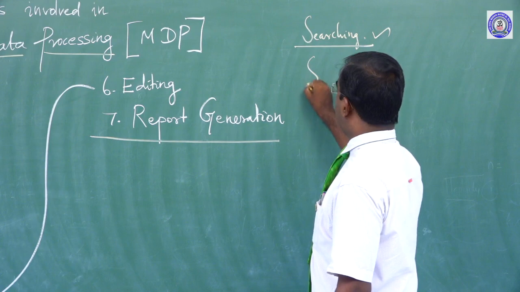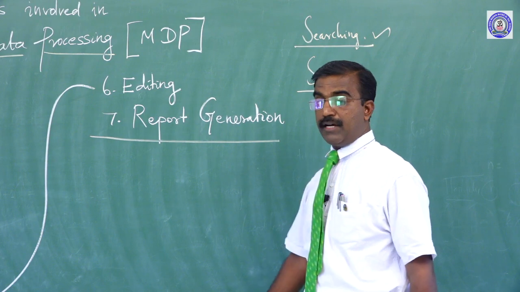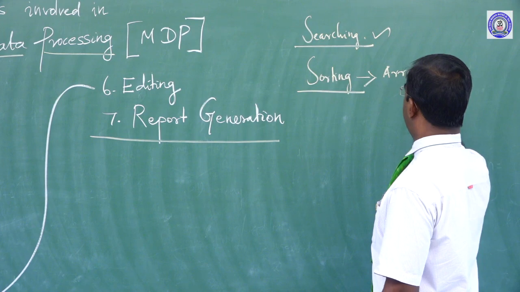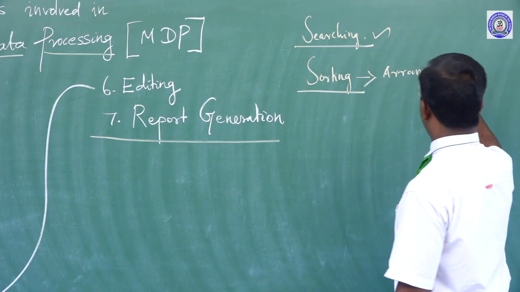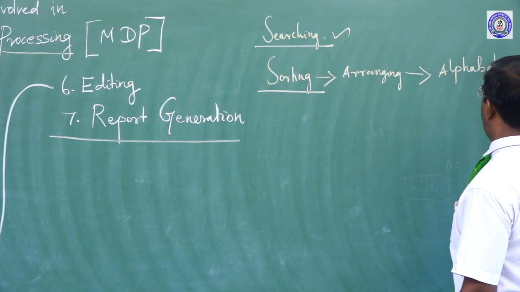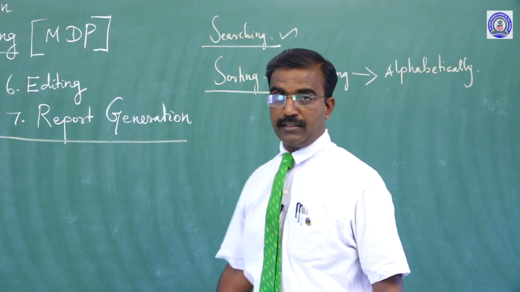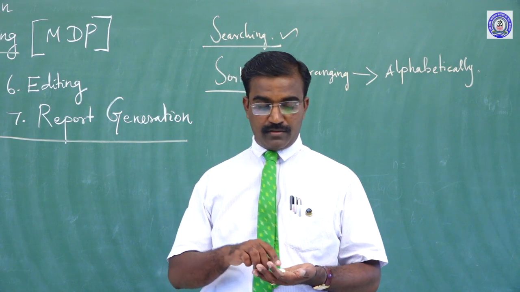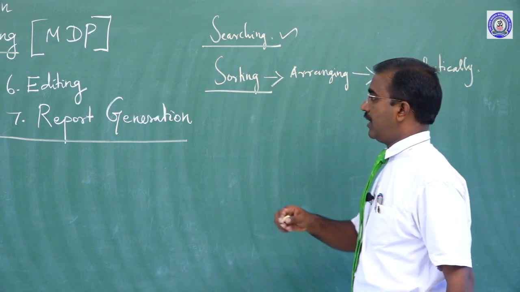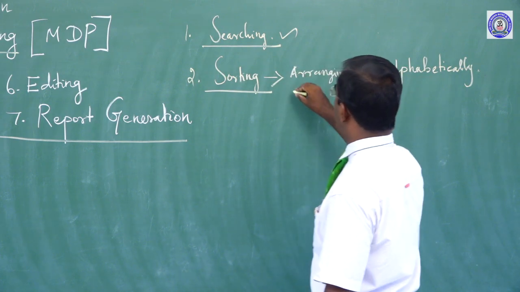Then sorting. Sorting is nothing but arranging alphabetically, name wise, date of birth wise, initials wise or serial number wise. So searching and sorting are over.